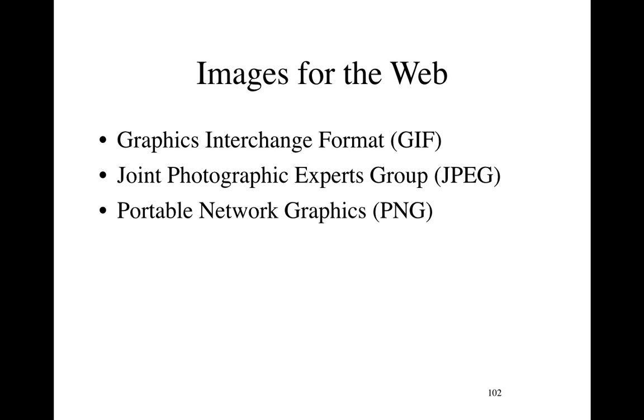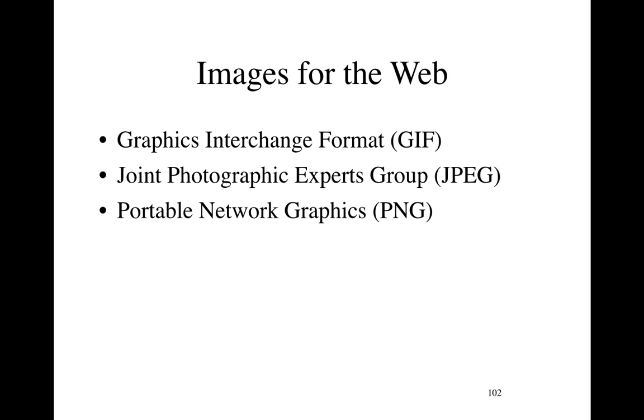There's GIF, JPEG, and PNG. And each of those has different properties. There's some things some can do, others can't do. And so depending on what it is you're trying to do, one of these may be the best choice. And so investigating those choices is what your assignment 2 is all about. And that's what you're using Photoshop for.